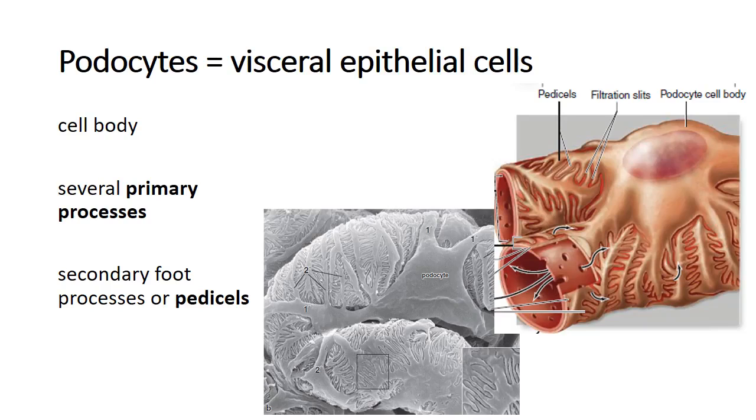Here, a scanning electron microscope shows a podocyte with the primary and secondary processes. Between the secondary processes, we have a space called the filtration slit, through which the filtration of all the materials occurs from the plasma toward the urinary space.